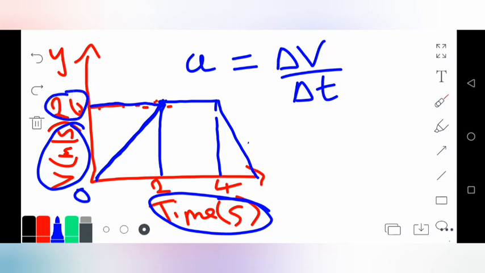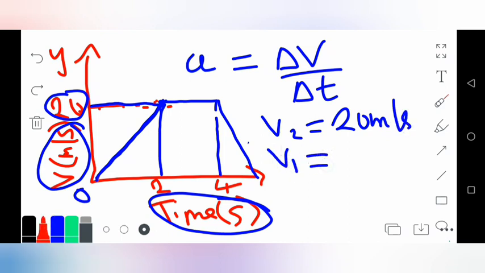What number is there? It is 20 meters per second, meaning your velocity 2 is 20 meters per second. What about velocity 1? The movement of this object or car started from 0 meters per second, so that is the starting point. It is 0.